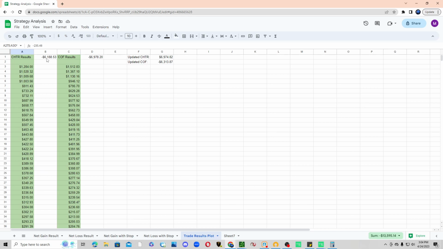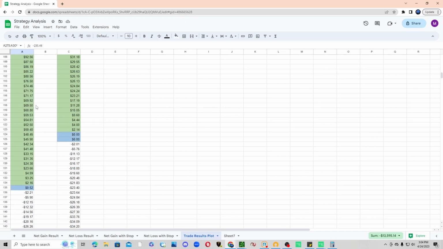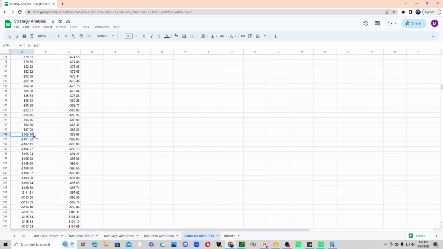And then from there, I have to look around and figure out what else I can change. The easiest thing to look for is to see, can I cut the losses off sooner? Maybe I can cut them off at negative $100. Maybe I look at all my results and see how many trades actually went $100 against me first before they went in my favor.